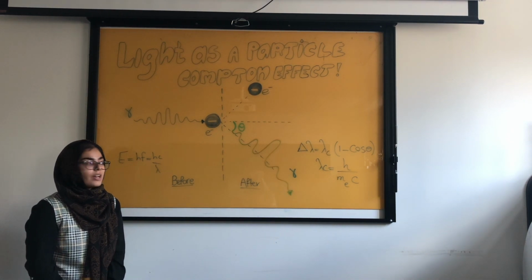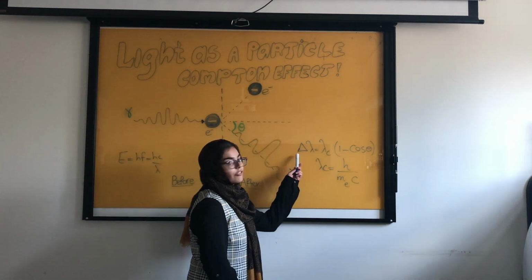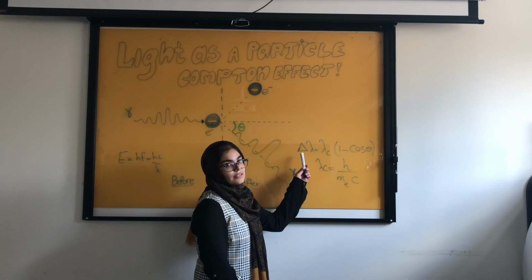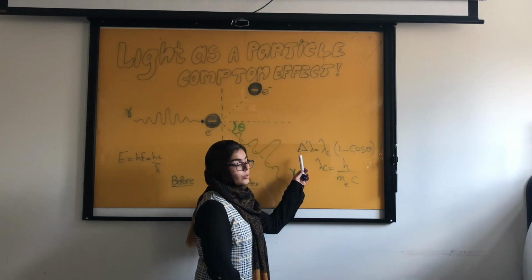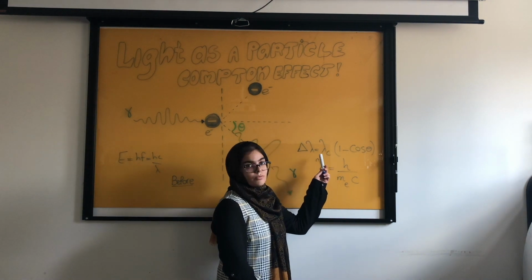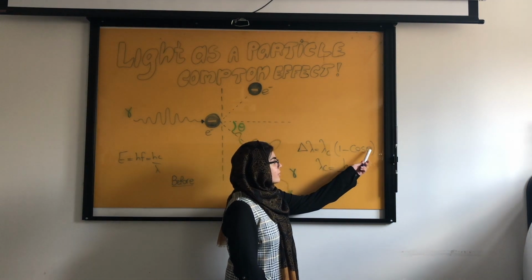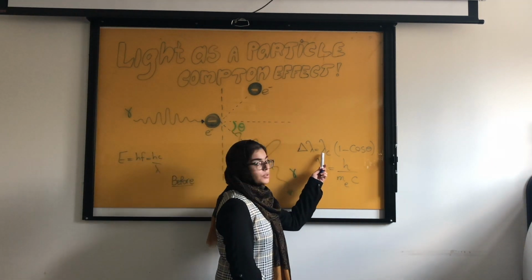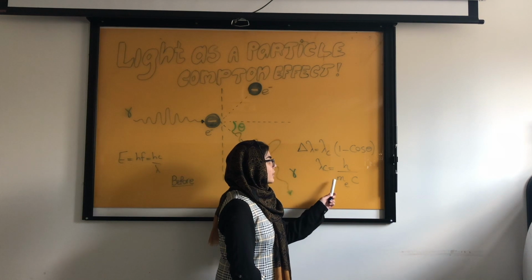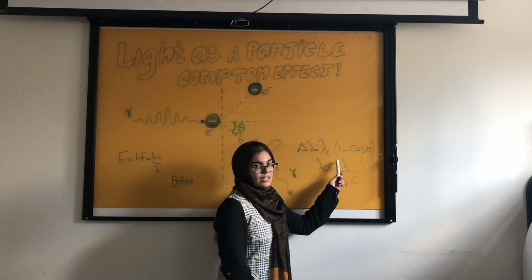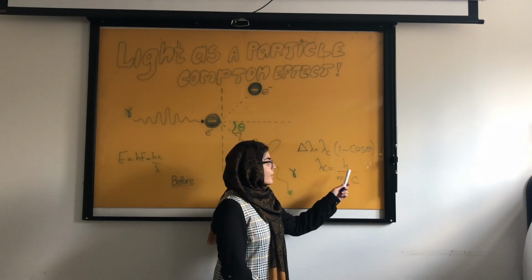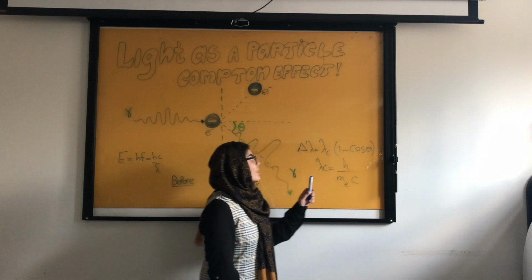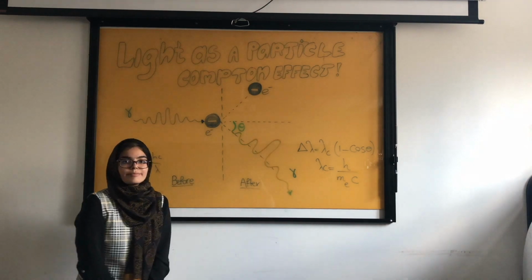We can also explain this change in wavelength of the photon using this equation, where delta lambda is the difference in the wavelength of the photon, lambda c is the Compton wavelength, and this theta here is the angle by which the photon has been deflected. The Compton wavelength is equal to h divided by m_e times c, where h is the Planck constant, c is the light velocity, and m_e is the mass of the electron.